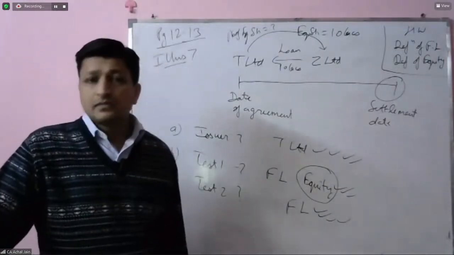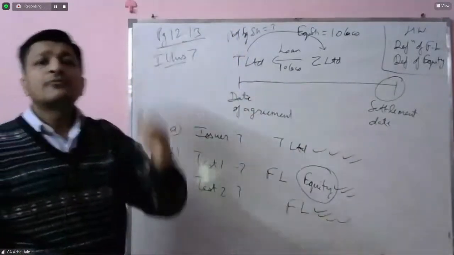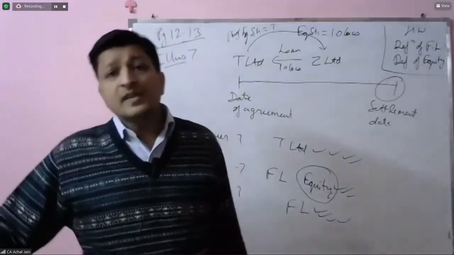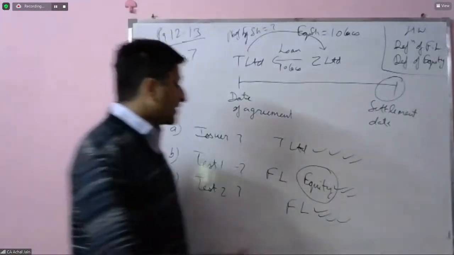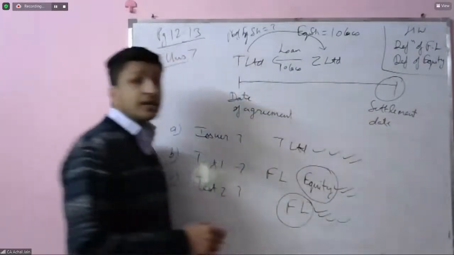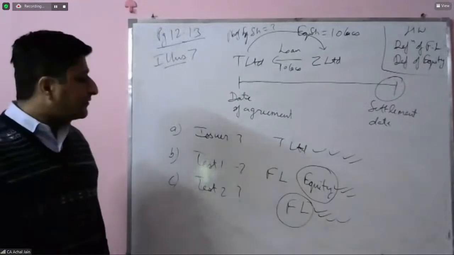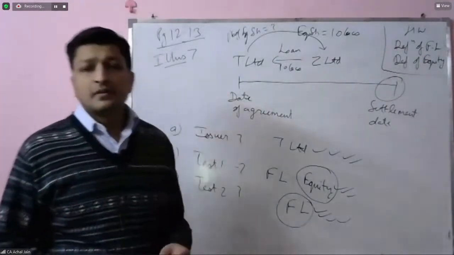But in this case, the number of equity shares is not fixed today. There is a variability. Because of this variability, this will become a financial liability. So even though test 1 calls this an equity, its outcome will change. Finally, it will be concluded to be a financial liability.